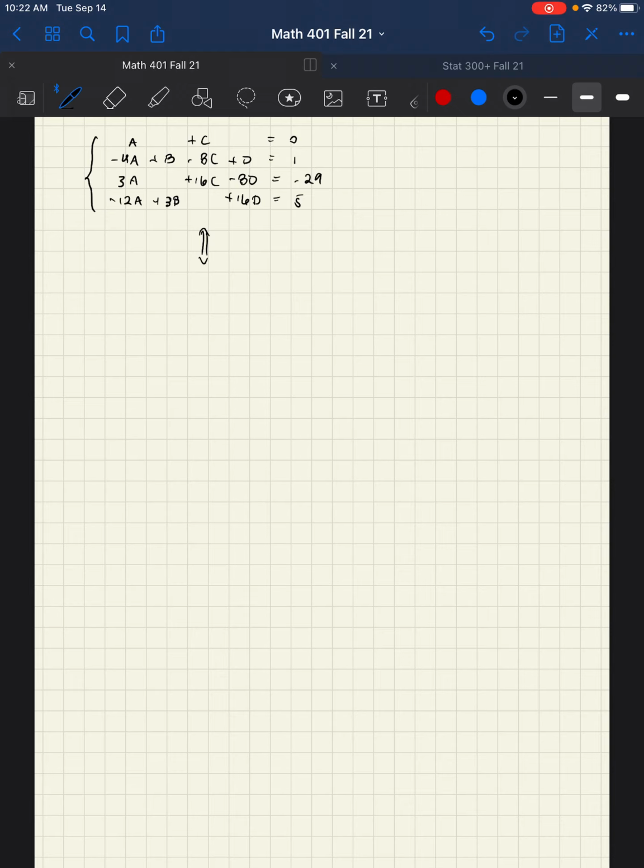Because the equivalent augmented matrix form is going to look like 1, 0, 1, 0, 0, negative 4, 1, negative 8, 1, 1, 3, 0, 16, negative 8, negative 29, negative 12, 3, 0, 16, 5.